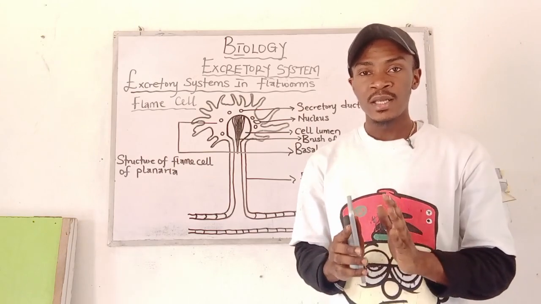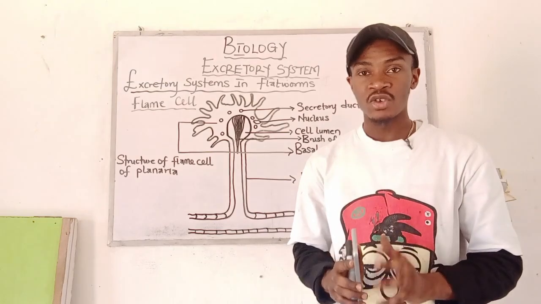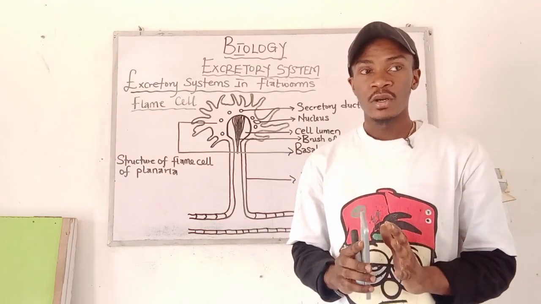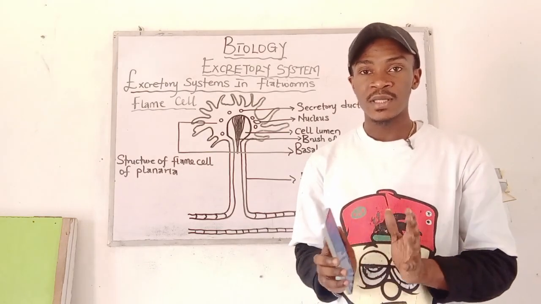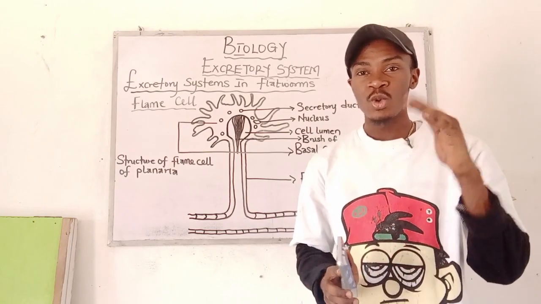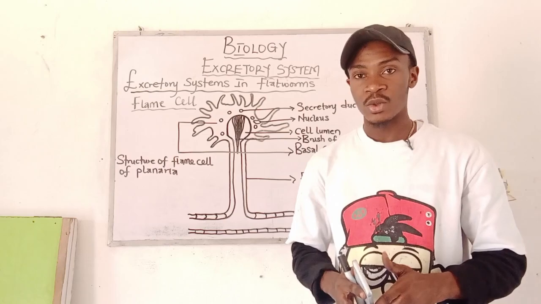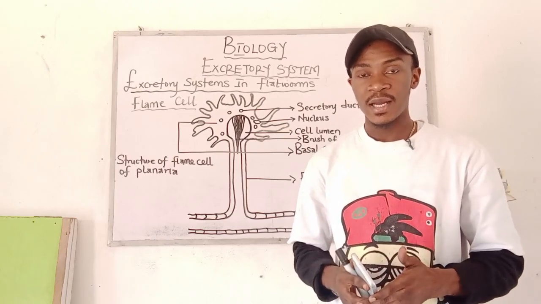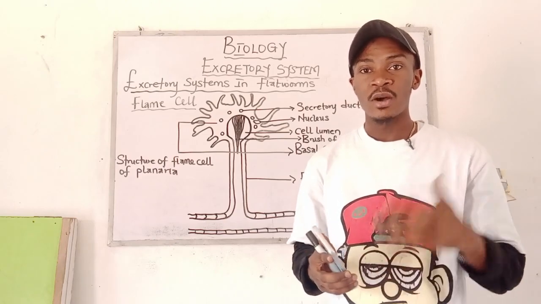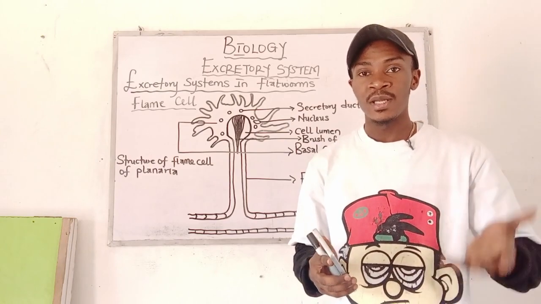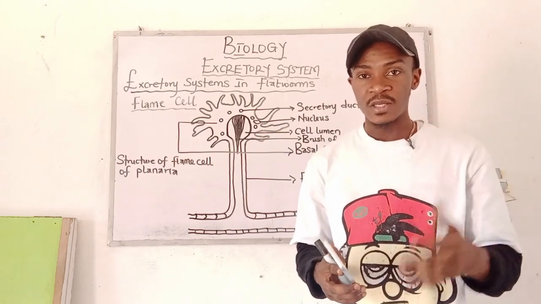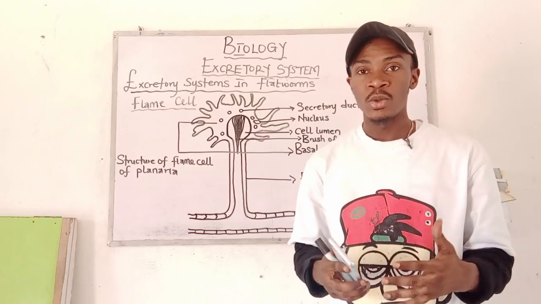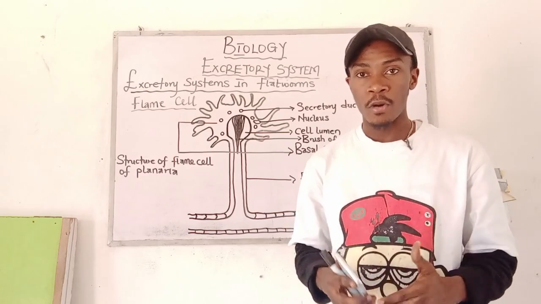In the flame cell, there is a really important structure called the brush of cilia. The brush of cilia functions in sweeping down excretory materials. The two longitudinal canals eventually link up dorsally. Dorsally means the back surface of the organism, and then link to the excretory pore.